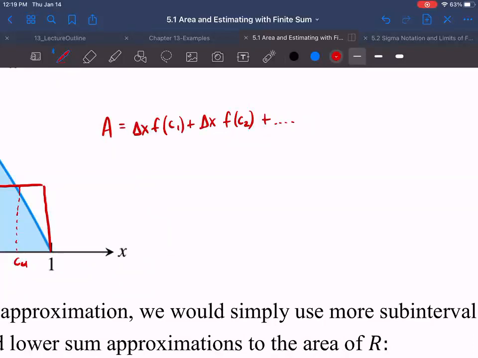If you do it this way, we can do delta x times f of C sub i, and we can say n is the number of subintervals that you did.